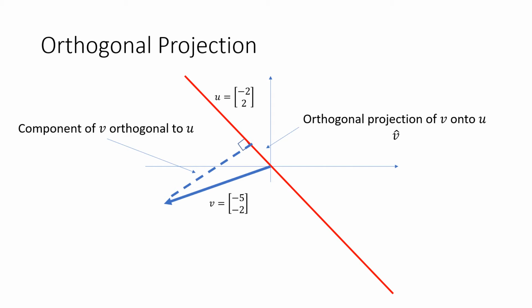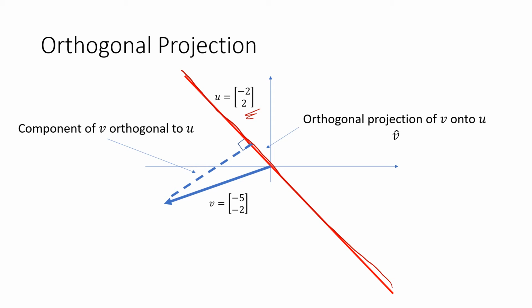Okay, now this leads to something called an orthogonal projection. The idea here is that if you have a subspace, you can think about it in terms of R2 or R3, and you want to project a vector on top of it. So for instance, here, the red line, that is a subspace of R2. u is a basis for that.